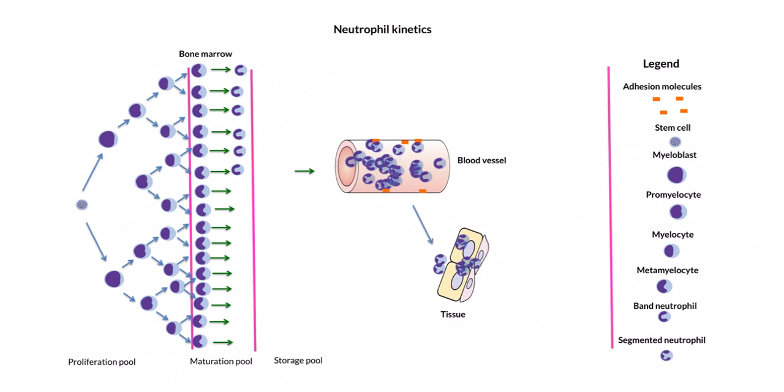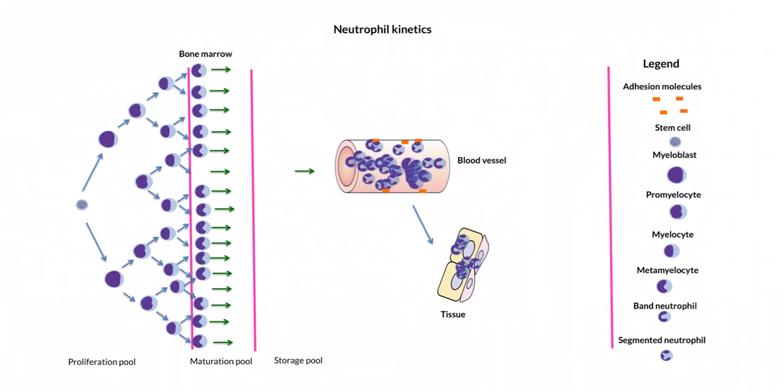Of course, some of these then are dying at the inflammatory site because they may be killing some bacteria. And then there is a call for more neutrophils. Once the bands are exhausted, you'll start to see the metamyelocytes enter the blood as well.